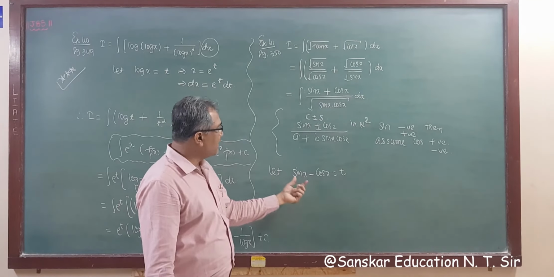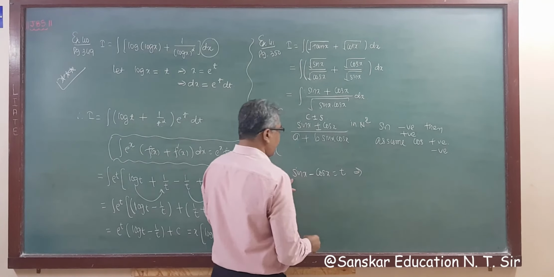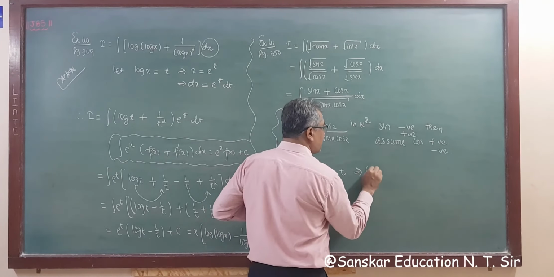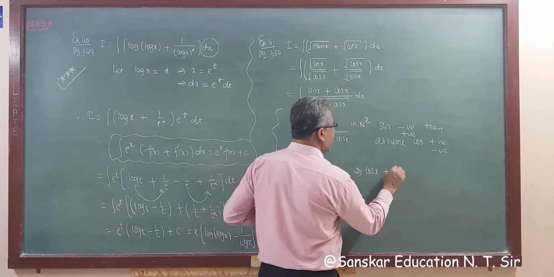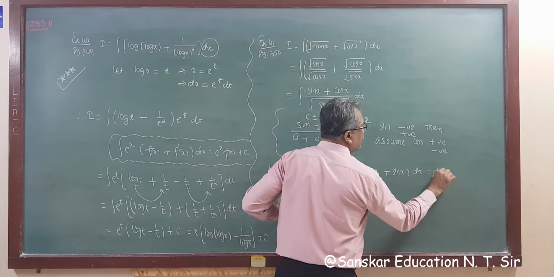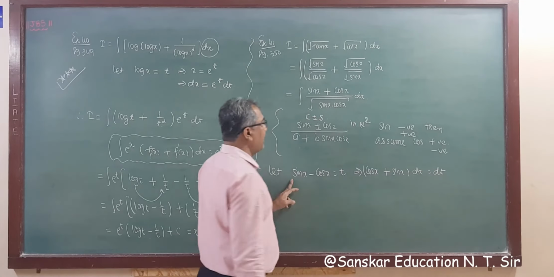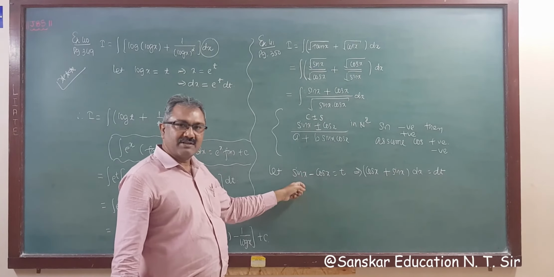So sin x minus cos x is t. Differentiating this, what do we get? The derivative of sin x is cos x, and minus minus plus sin x, and dx is equal to dt, right?